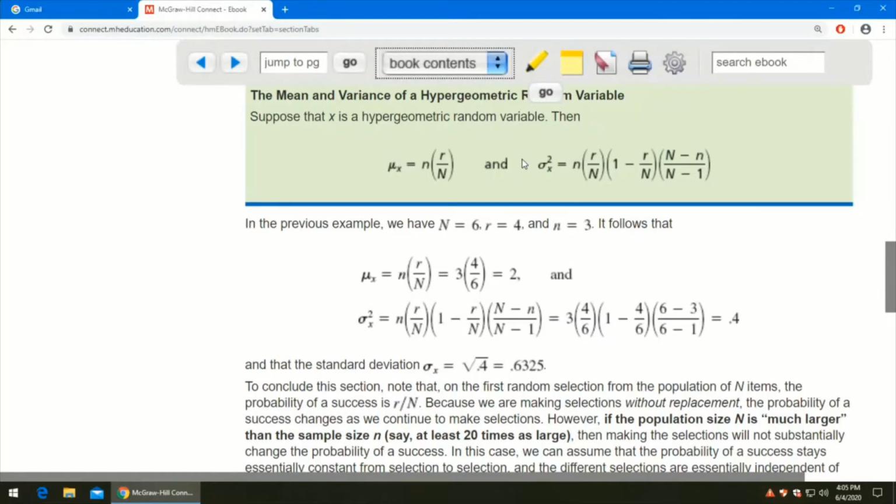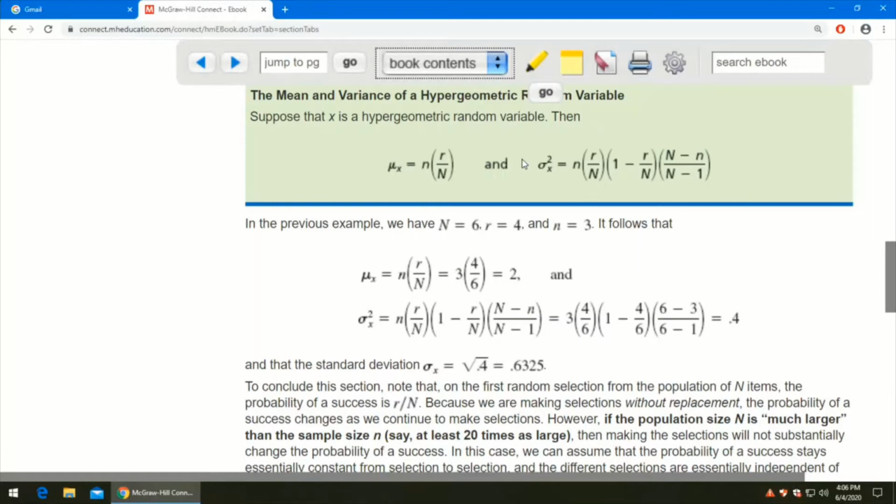So now they'll give an example here that says at least 20 times as large. So if your N is way more than the sample size n, it means that it is 20 times as large. So if you take out the sample, the population values would still give you constant successes, and the probabilities of success and failure would not be that much impacted.